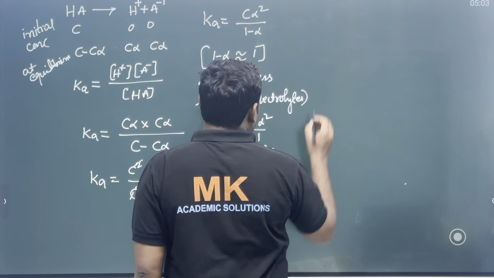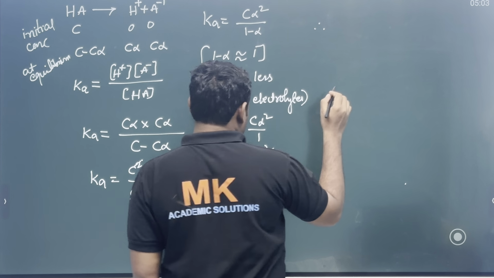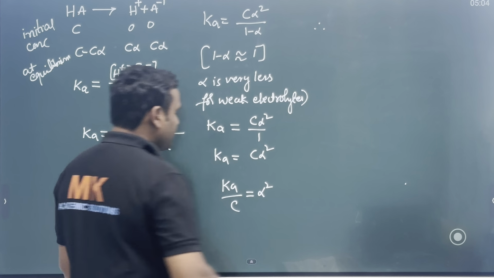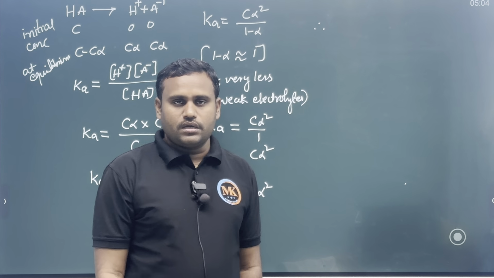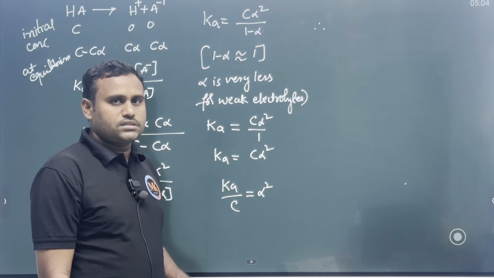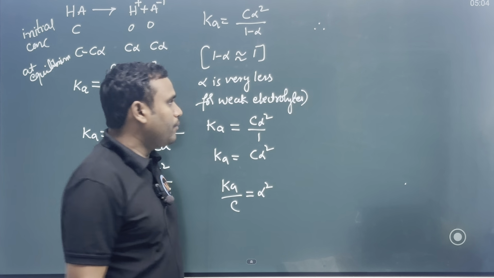Here Ka is the dissociation constant of the acid. When you remove the constant value, equal becomes proportional.